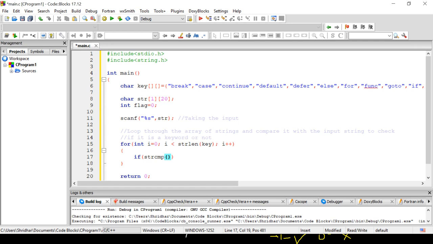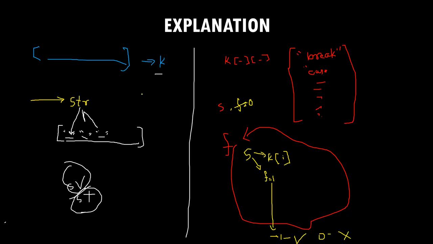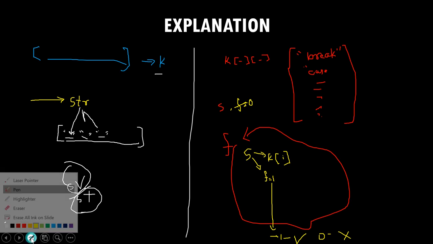So if strcmp of str and our keyword of i, so the ith keyword, is equal to 0, that means this keyword and string match. So what happens here is, let me erase this. So what happens here is you will have a string, say I have given what as the input.